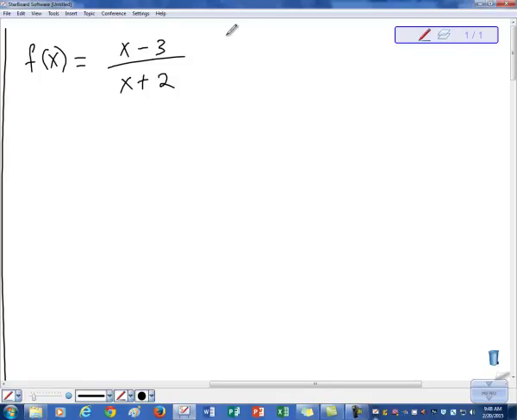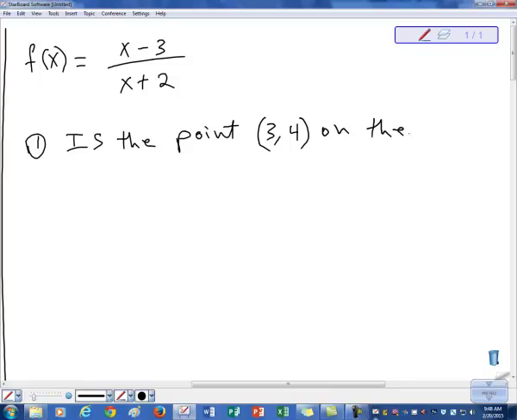And the first question is: is the point 3, 4 on the graph?